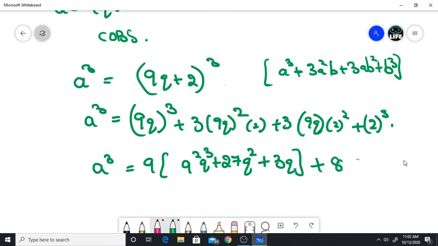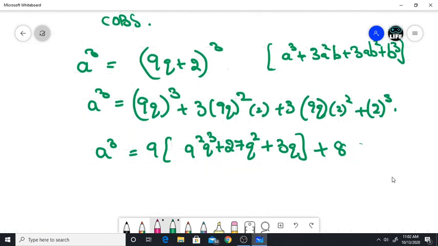Okay, 2 cube is 8. Take the full bracket as m. Then you get a cube equals 9m plus 8.